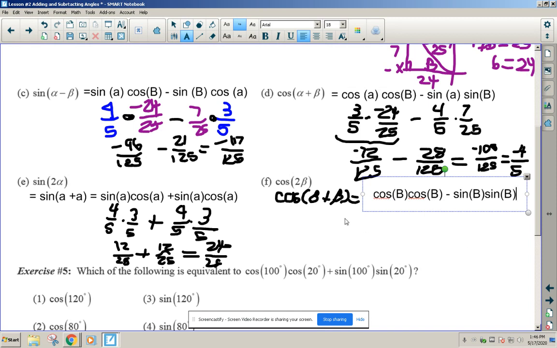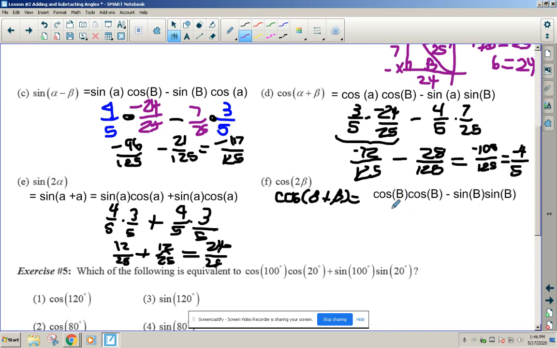So the cosine of beta was negative 24 over 25. Which was, when you multiply it, positive 576 over 625.